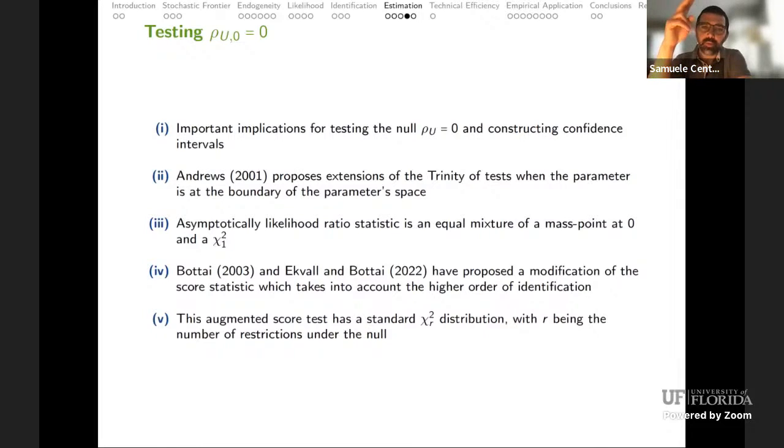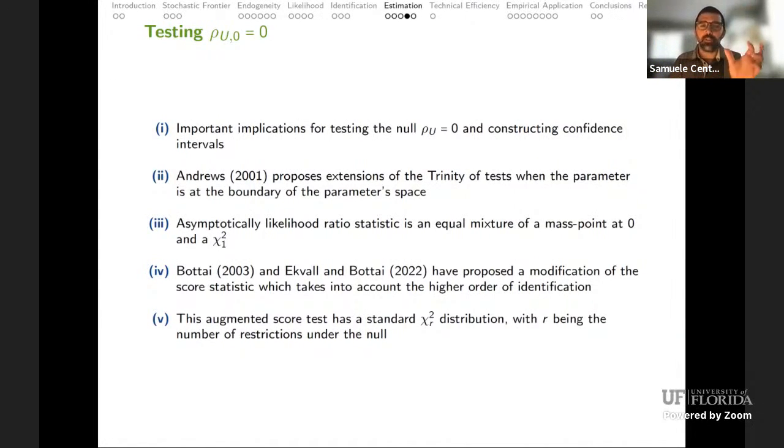There are these two papers: an old paper by Rotnitzky and coauthors in Biometrika, and then a more recent paper by Ekvall and Bottai, to appear in the Annals of Statistics, where they propose a modification to the score to account for higher order identification. When you do your score test, you would take the first derivative, because you know that deviations from the first derivative being 0 in expectation are signs that you are violating the null. Here they simply take higher order derivatives.